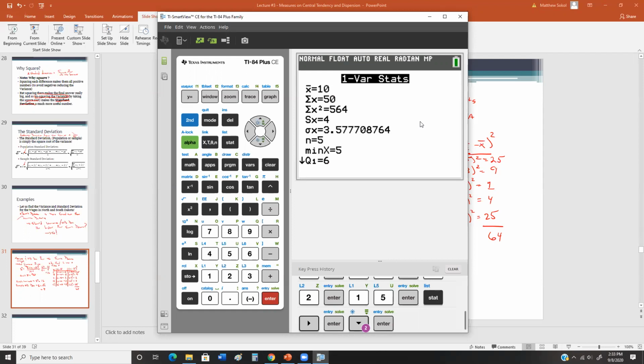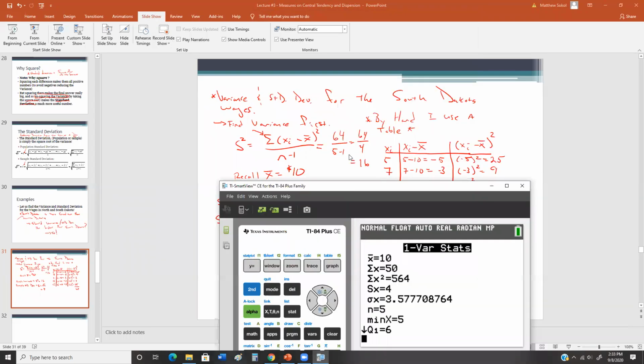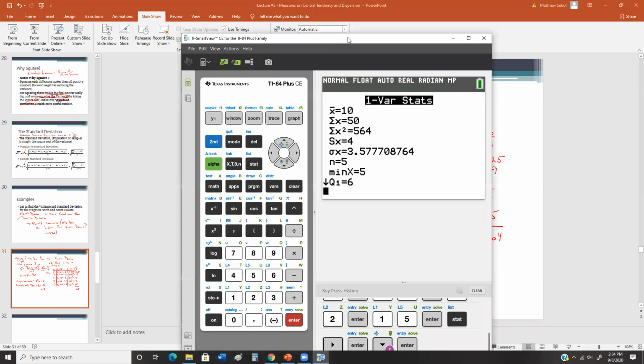Well, you did, yeah, exactly. So look, here's 4. If you square 4, you get 16, which is the variance. So when you have the standard deviation, you can square it to get the variance. That's a fantastic question because I always ask that on an exam. So now you know, to get the variance, you square the standard deviation.